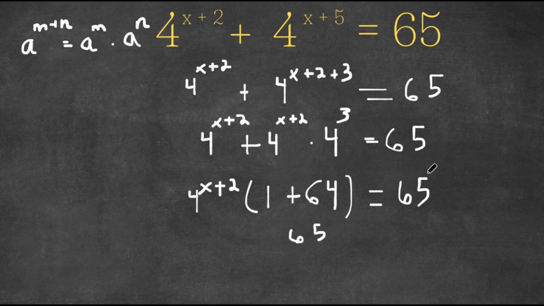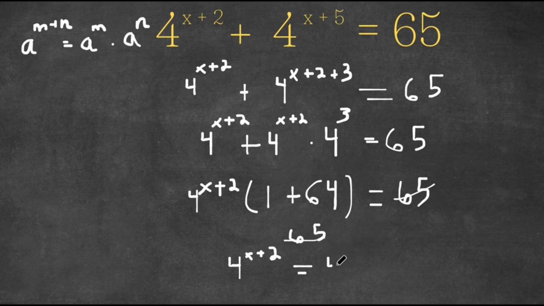So now if we divide by 65 on both sides, these two cancel out, and we would simply get 4 to the power of x plus 2 is equal to 65 divided by 65, which is 1. Now, if you guys know, 4 to the power of 0 equals 1, because anything to the power of 0 equals 1.